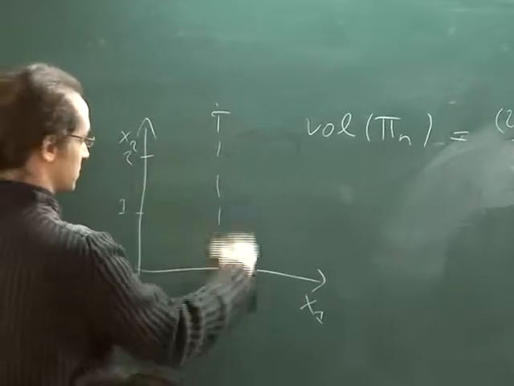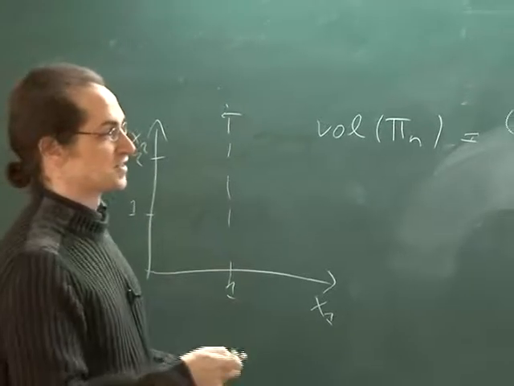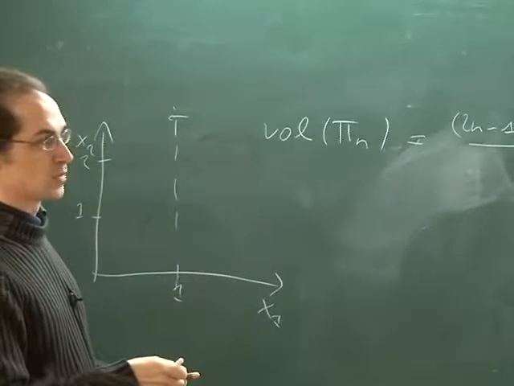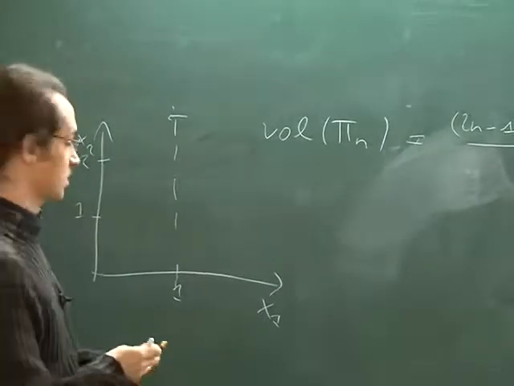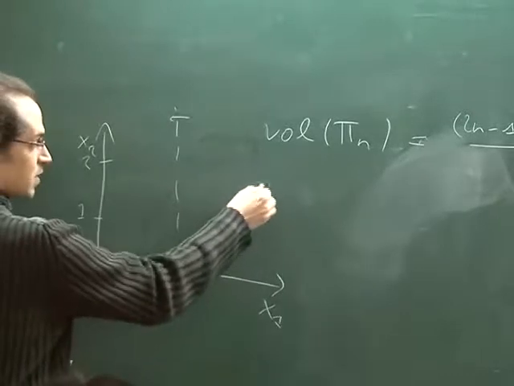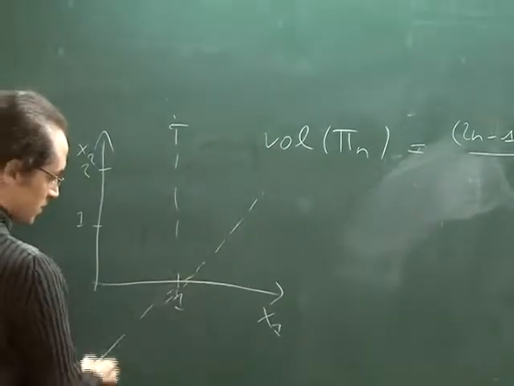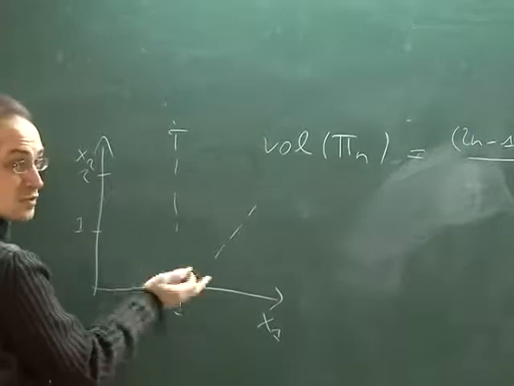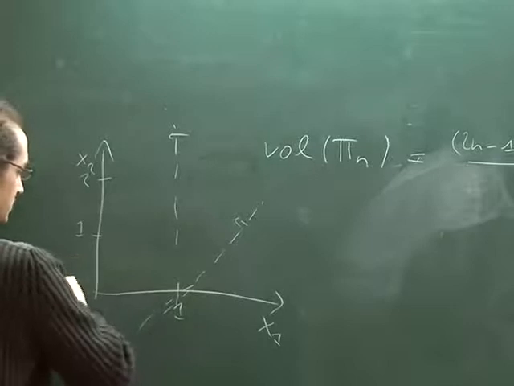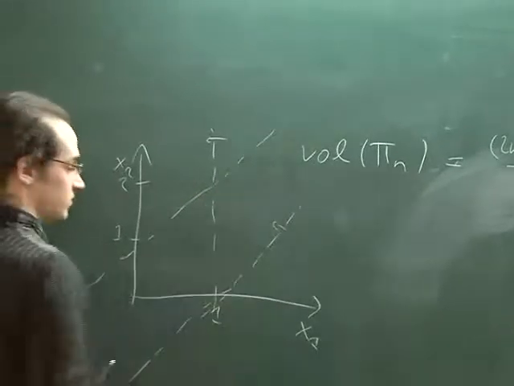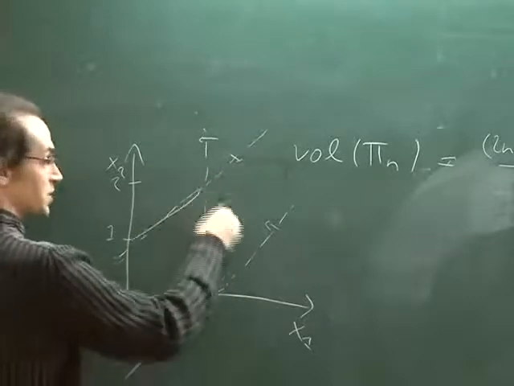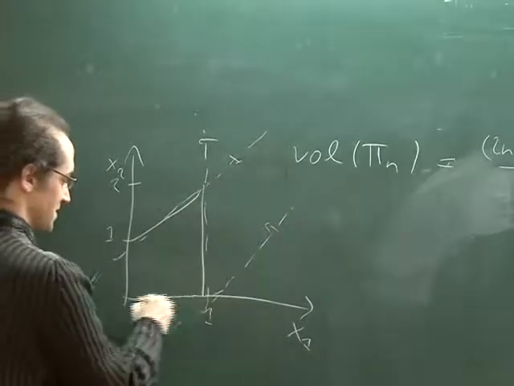So already it's in this region. Then another inequality is that x2 minus x1 is smaller than 1 in absolute value. One of these two, x2 minus x1 equals minus 1, would be here. It doesn't bring anything new because we're already in this region. But the other one is here, and this has to be on this side.